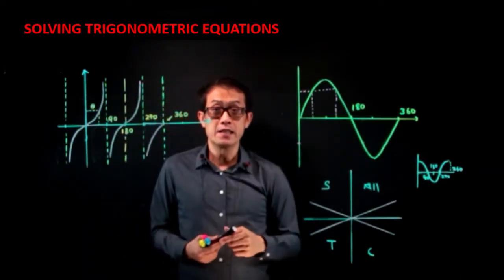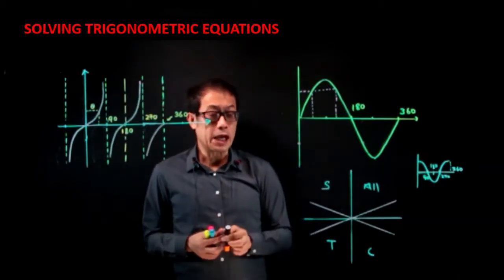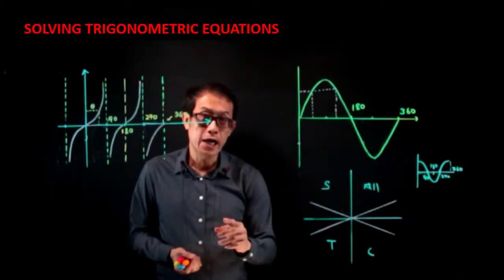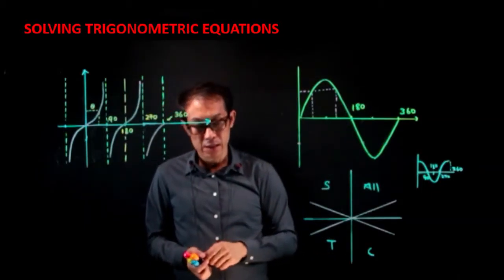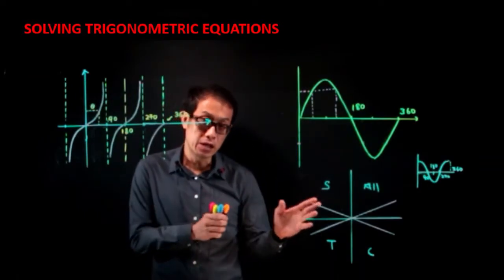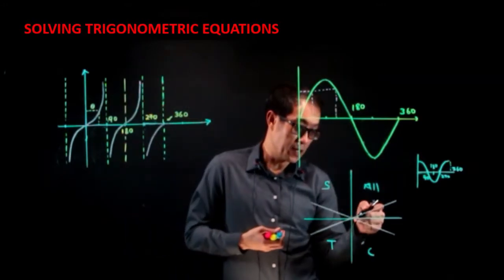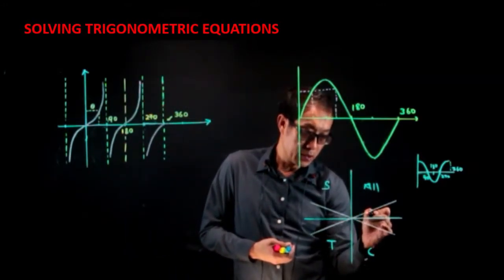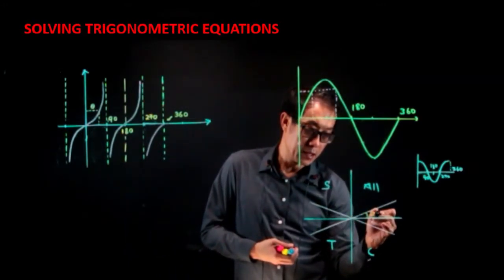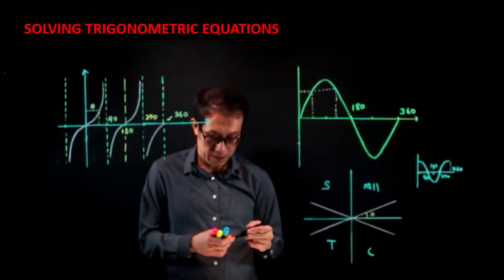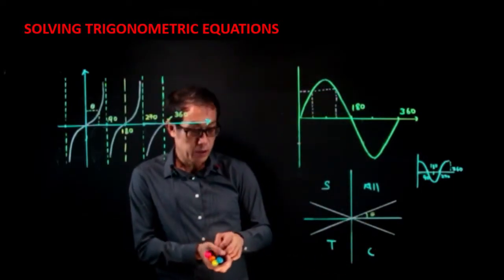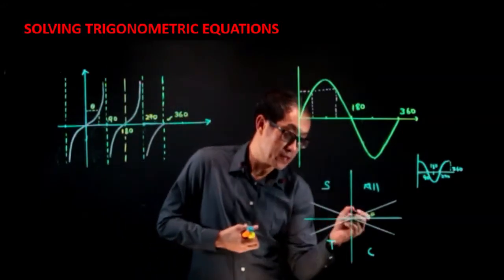Now the next thing is you must know what is a basic angle. Basic angle is the acute angle that is made with the x-axis. Assuming this is the angle, so this is the basic angle. Another one, you have this as your angle.